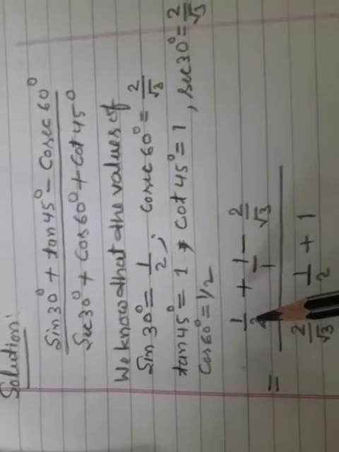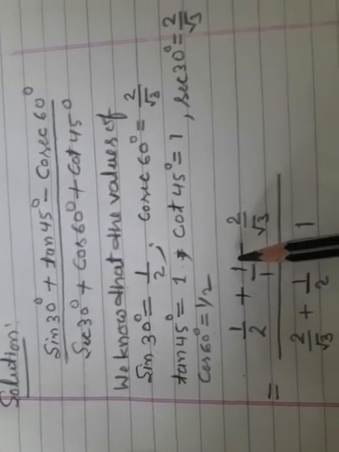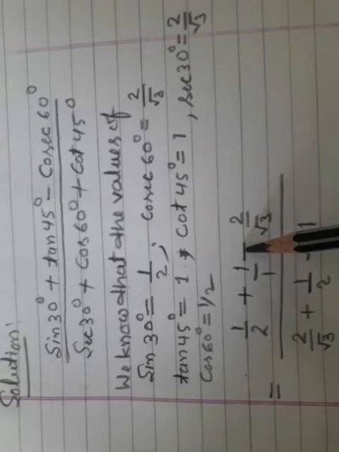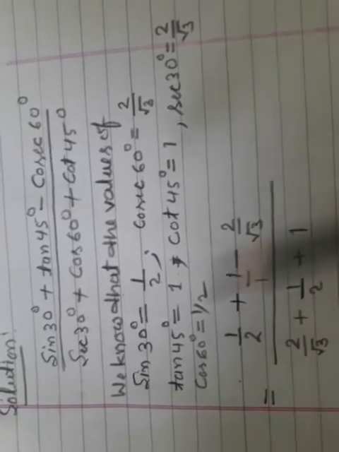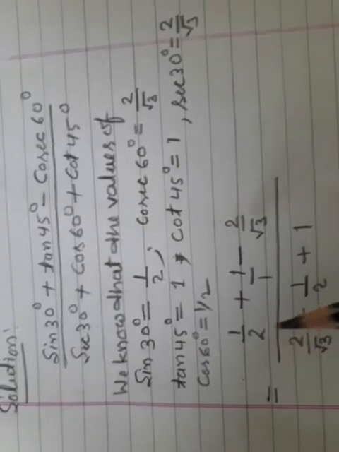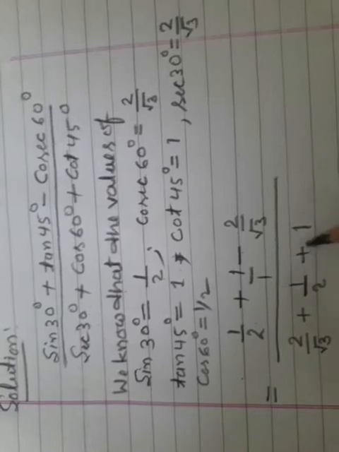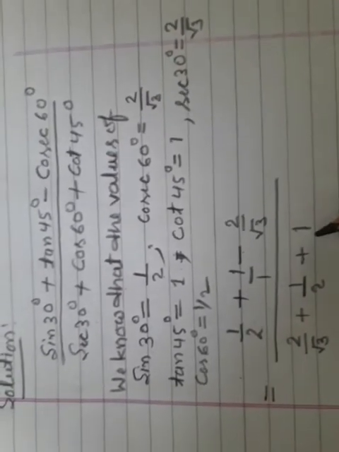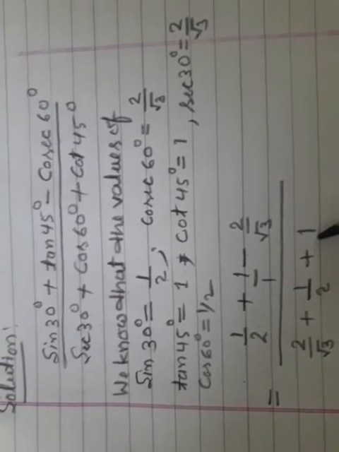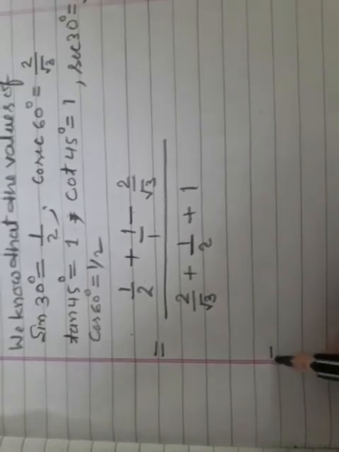Now put the values: sin 30 is 1 by 2, tan 45 is 1, we write this 1 by 2 plus 1, minus cosec 60 is 2 by under root 3, upon sec 30 is 2 by under root 3 plus cos 60 is 1 by 2 plus cot 45 is 1. This one is clear.